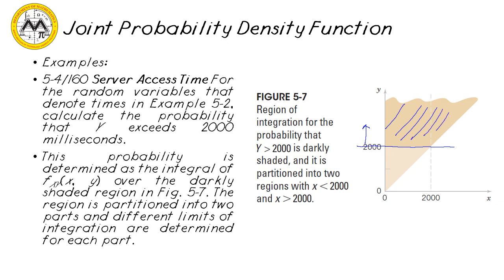If we have to evaluate this, we can have the integral of the function dx dy, or we can have the integral of the function dy dx. But there would be a problem with this one.